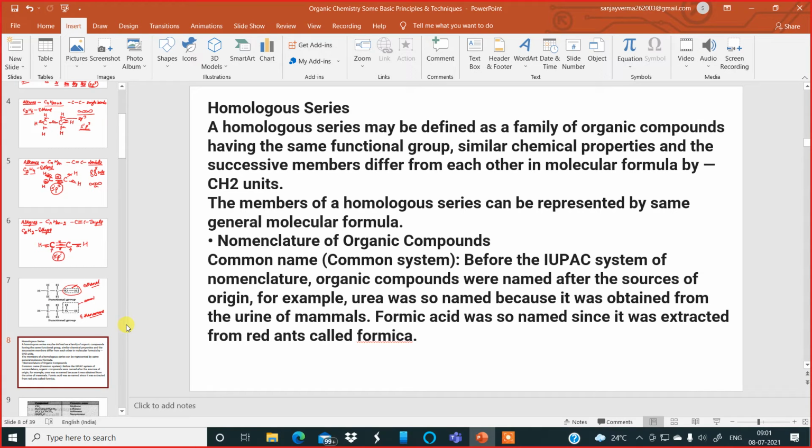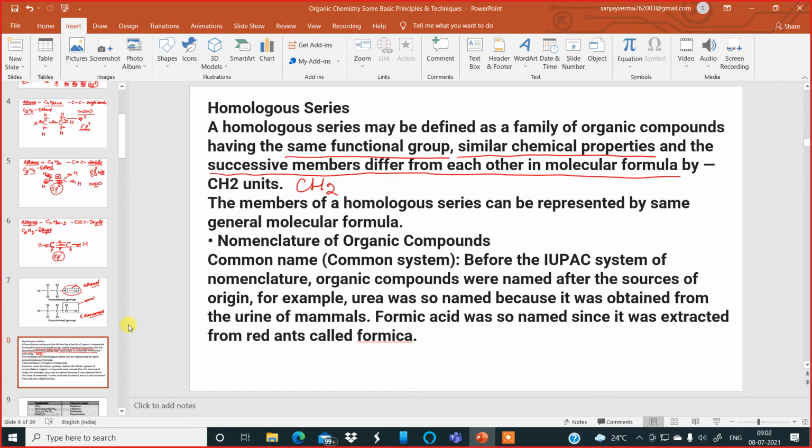Now a homologous series, which you have come across last year also, may be defined as a family of organic compounds which have the same functional group, similar chemical properties, not same, similar chemical properties, and the successive members differ from each other in molecular formula by one CH2 unit. Okay. Now the members of a homologous series can be represented by the same general formula.